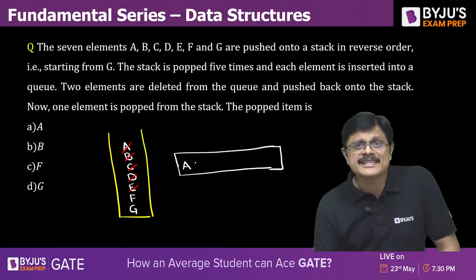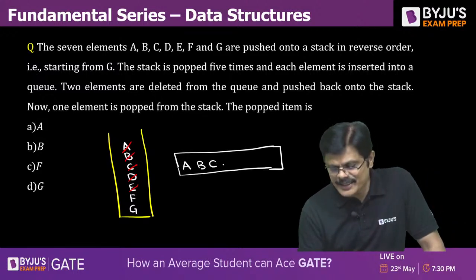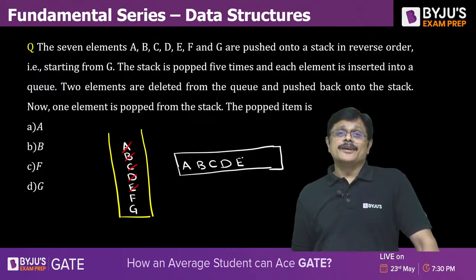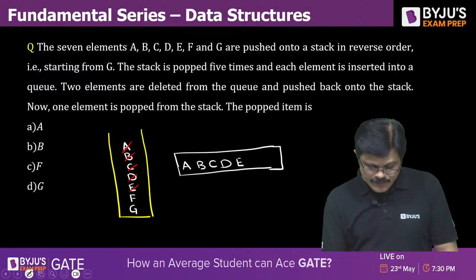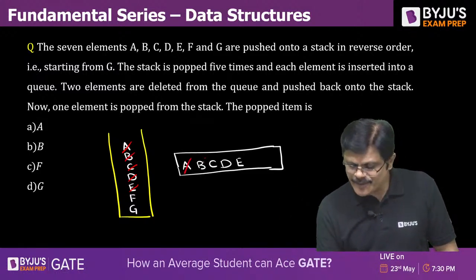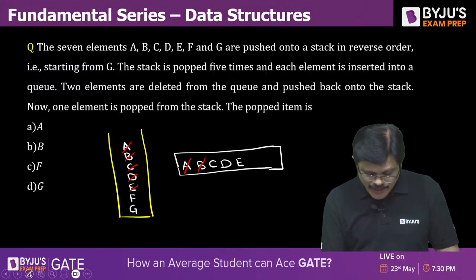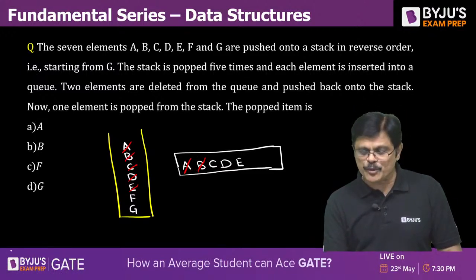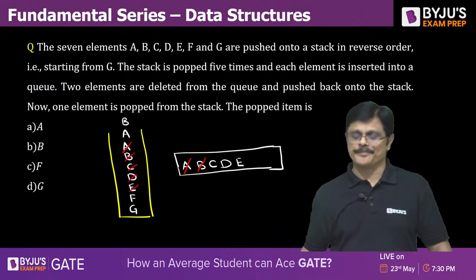That is, first A is inserted, then B, then C, then D, and finally E is inserted. Now what is done? 2 elements are deleted from the queue and pushed back onto the stack. The order in which they were deleted is the same order in which they are pushed back. That is, A is pushed and then B is pushed.